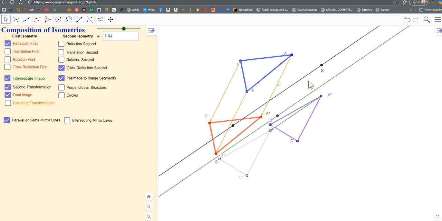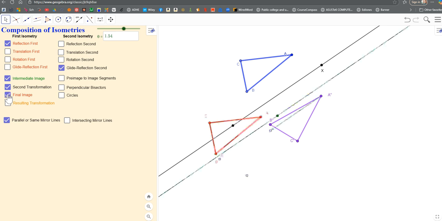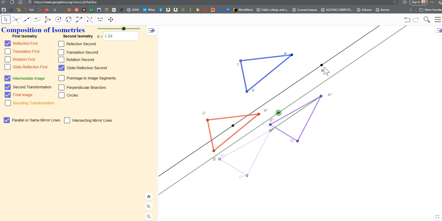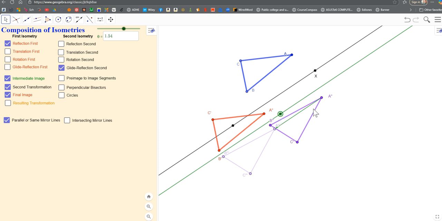So how does this relate? Okay, first of all, let's just go back and see what's happening. So there's the intermediate image. To get the glide reflection, you need a line, and this one is going to be parallel to the original mirror line in this case. It doesn't have to be, but in this case it is. And then you have a vector here that's parallel to that for the glide part, the translation part.